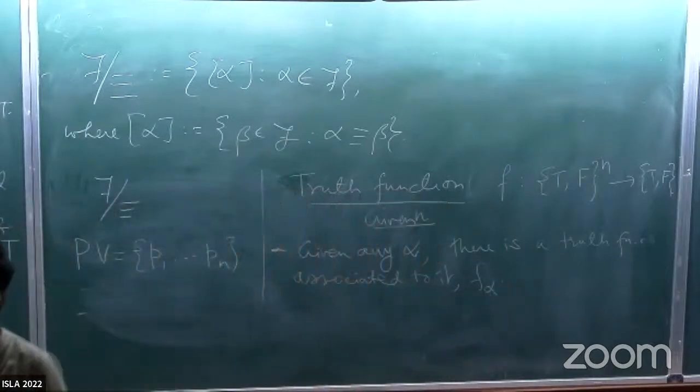It's nothing but the truth table of the formula. The truth table of the formula I wrote with P, Q, R and the columns like that, but just throw out the P, Q, R and write that as T1, T2, T3, for example. Because the entries are finally 0, 1 or T, F, effectively the truth table of any formula is also a truth function. So given any formula, I am able to define a truth function, right?